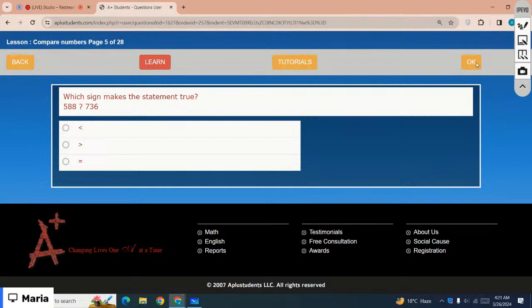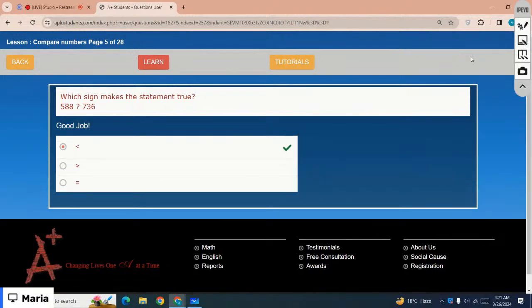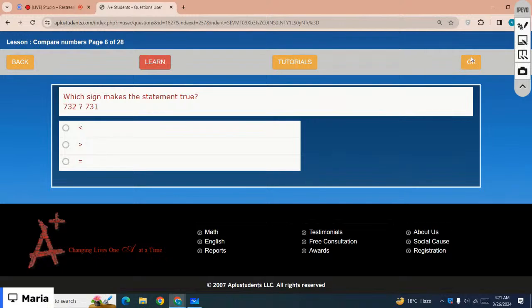Which sign makes the statement true? 588 and 736. Which is the correct option? Yes, 588 is less than 736. The correct option is less. The correct option is 732 is greater than 731.